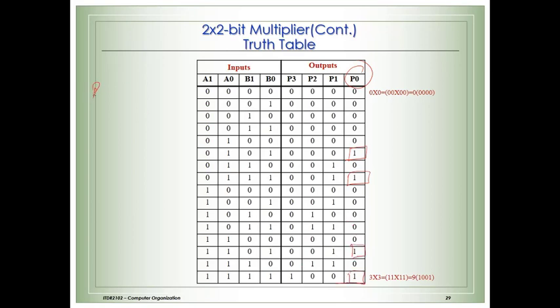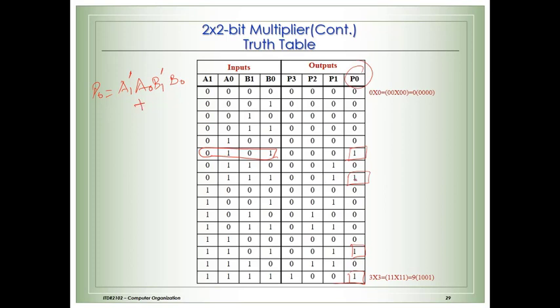So P0 equals, for this row you have to go and perform AND operation for all the input lines so that it produces 1. So A1 was 0, so it will be A1 dash. A0 was 1, so we'll write simply A0. B1 was 0, so B1 dash. B0 was 1, so we'll simply write B0.